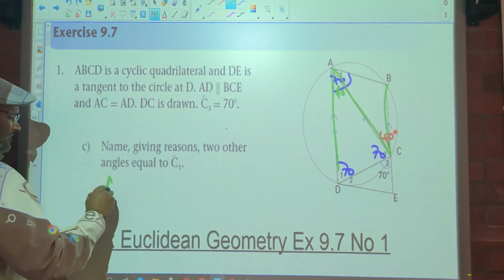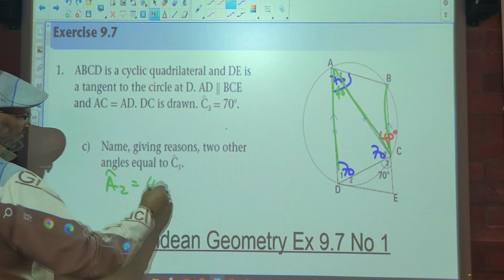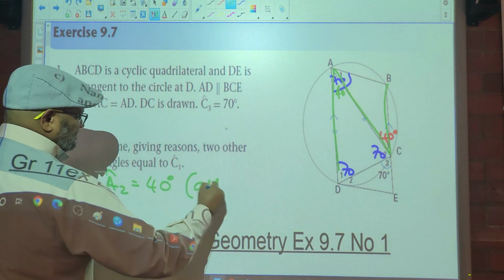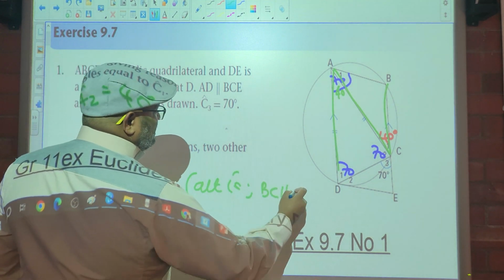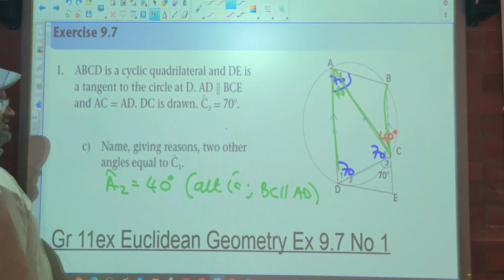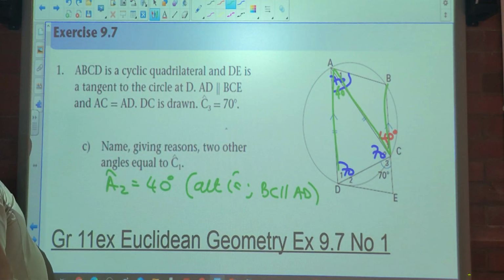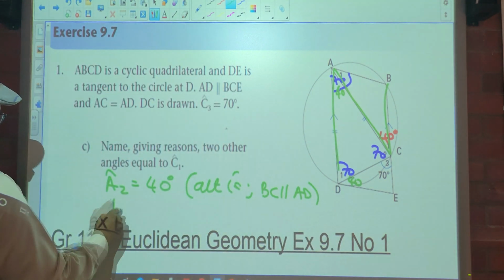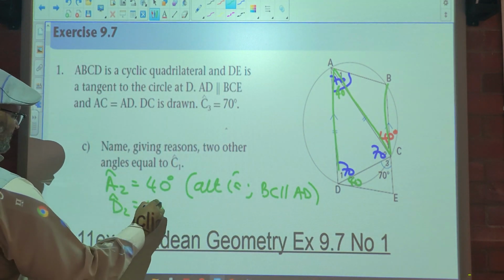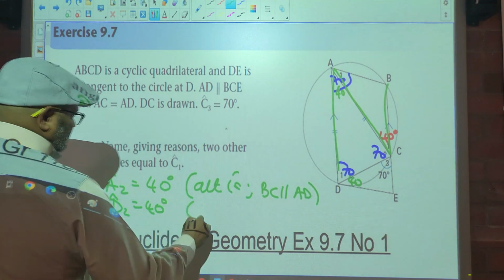Why? It's alternate angles with BC being parallel to AD. And then D2 is 40. Why? Tan-chord.